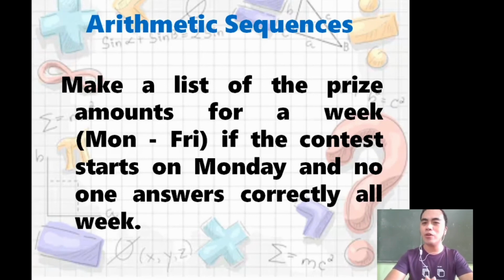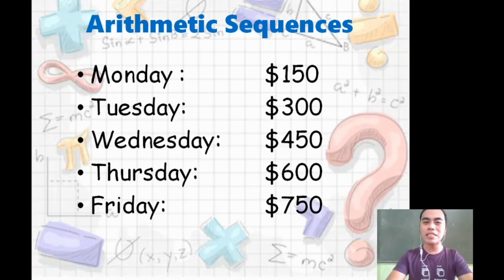Okay, I will give you a minute to answer the question. Okay, so very good. I hope you have the same answer: on Monday you will have $150 because it is the start of the competition.